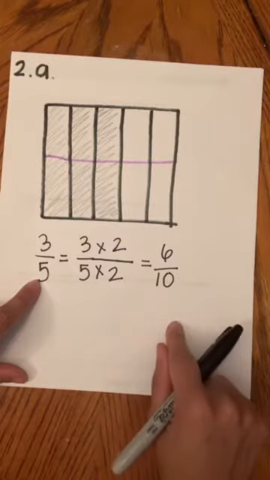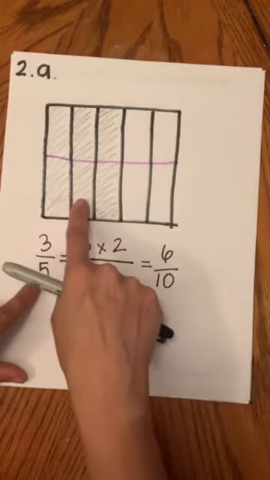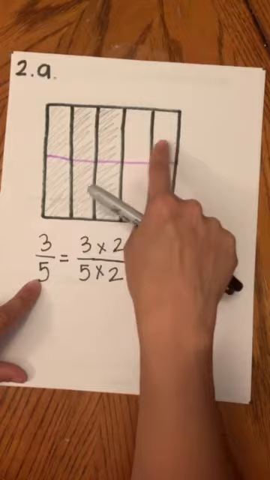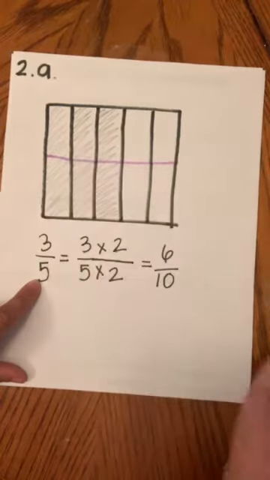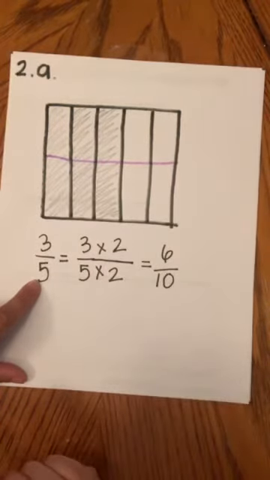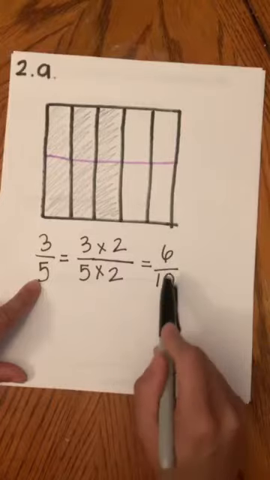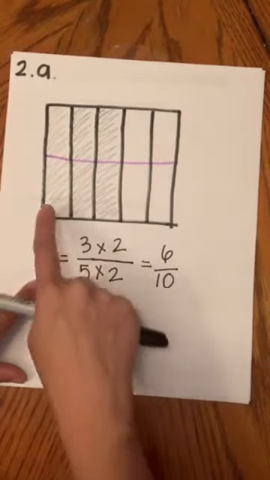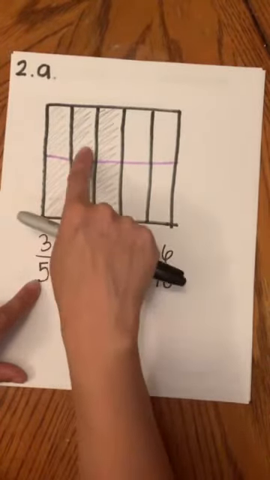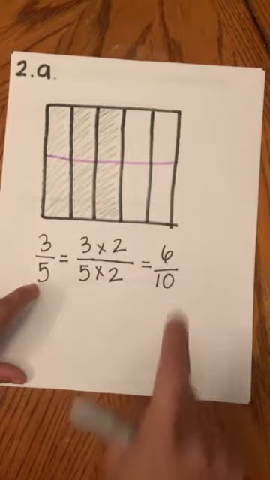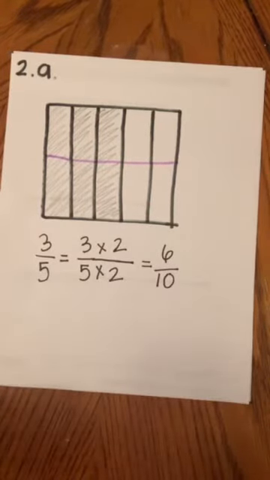So that's what we did. 1, 2, 3, 4, 5, 6, 7, 8, 9, 10. Yep, I have tenths. And how many parts of those tenths are shaded now? 1, 2, 3, 4, 5, 6. I got 6. So looks like we're doing awesome, right? Wonderful.